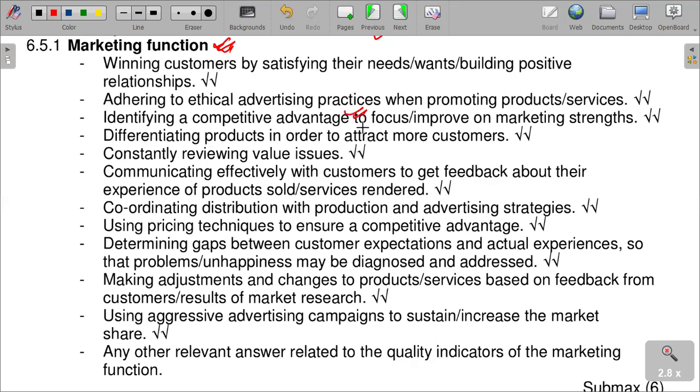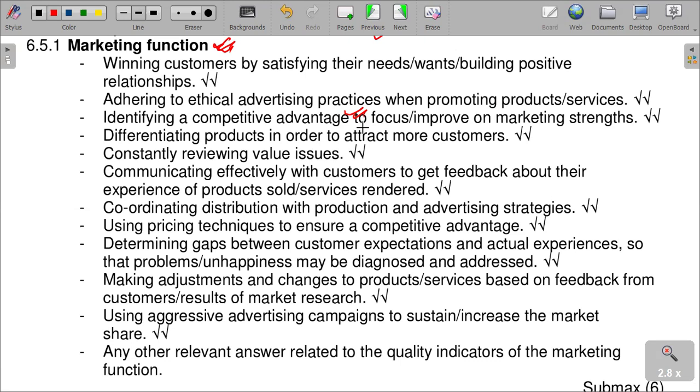The business must be able to identify its competitive advantage and improve on marketing strengths, differentiating products in order to attract more customers. In terms of marketing, the primary goal is focused on winning as many customers as possible, because of the business having a competitive edge by having a good market share.